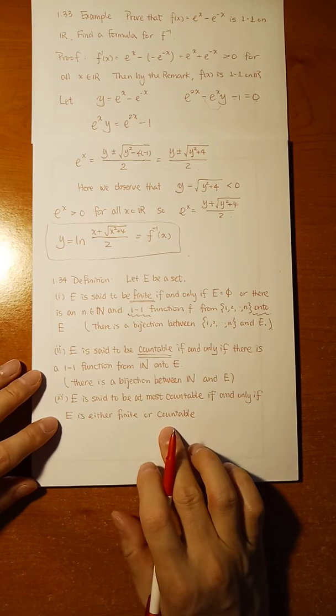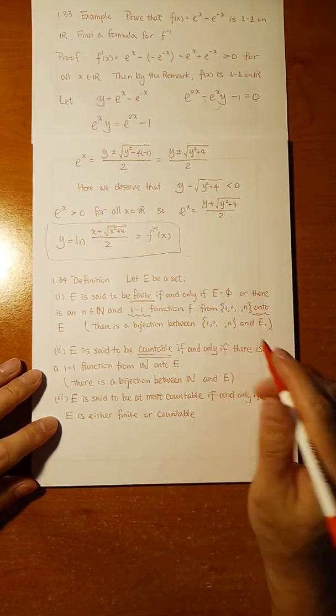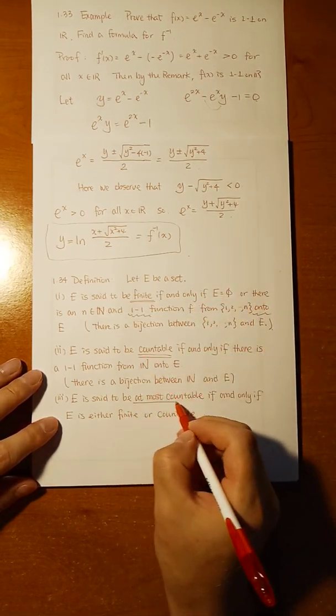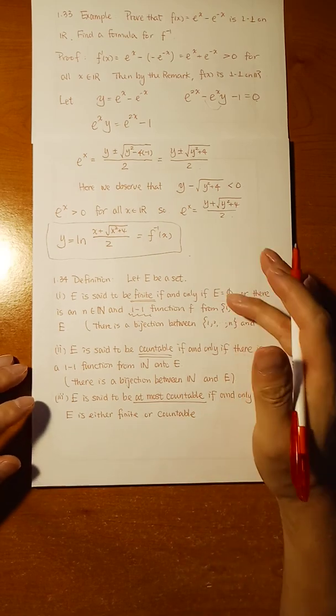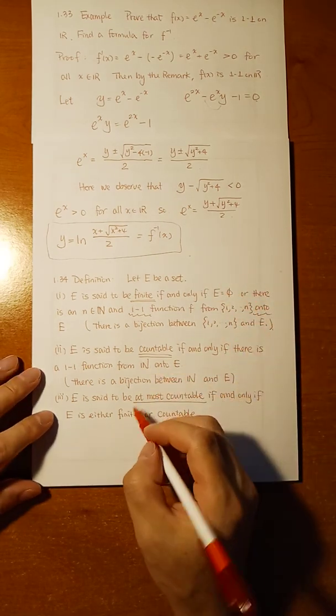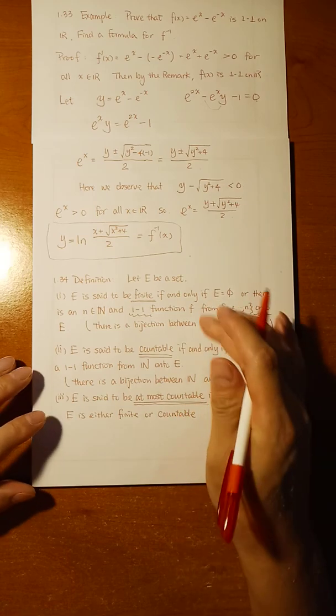So in the third definition, they combine the first two situations and call it at most countable. Why do we put these two types of sets together?